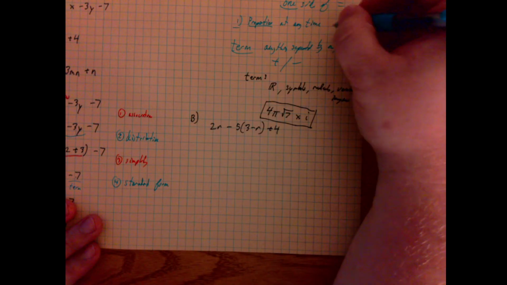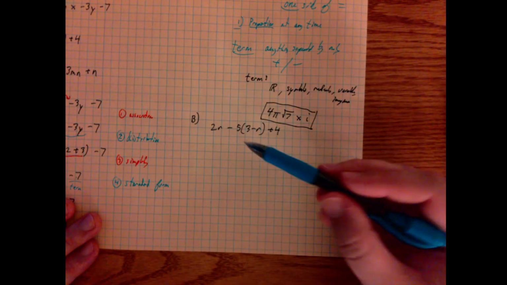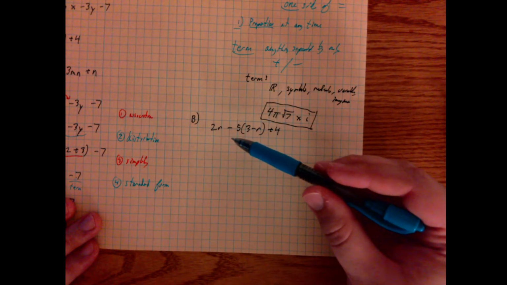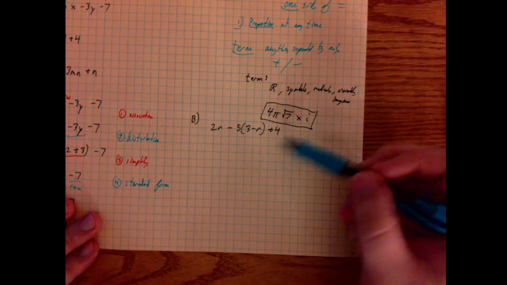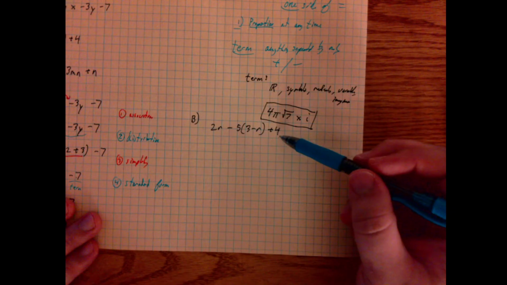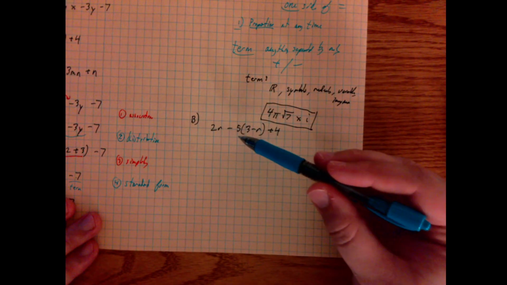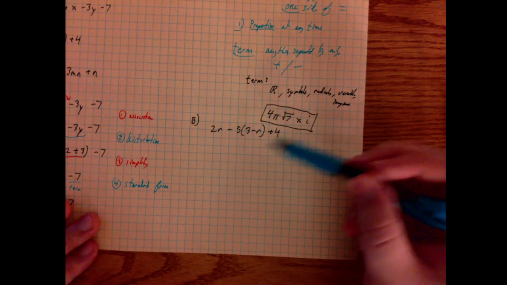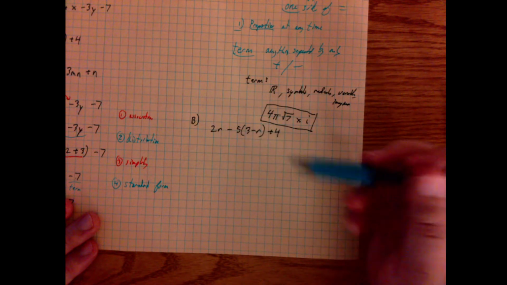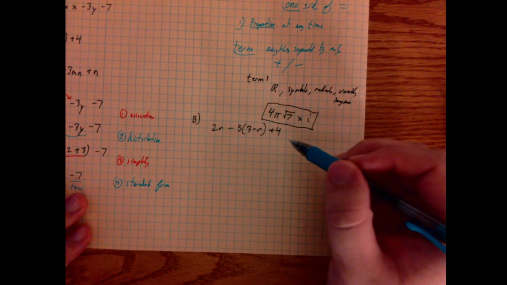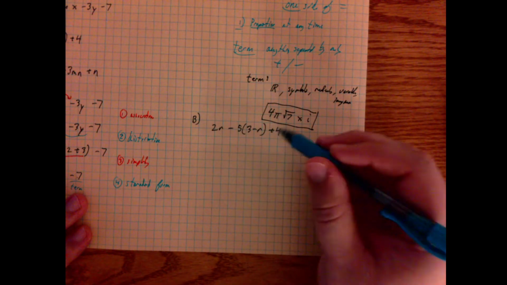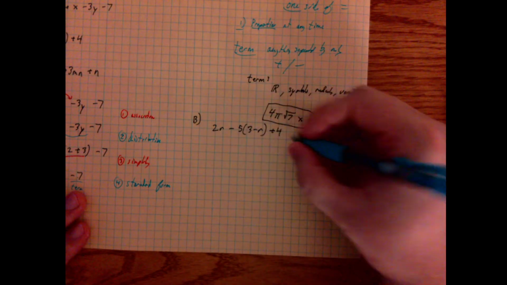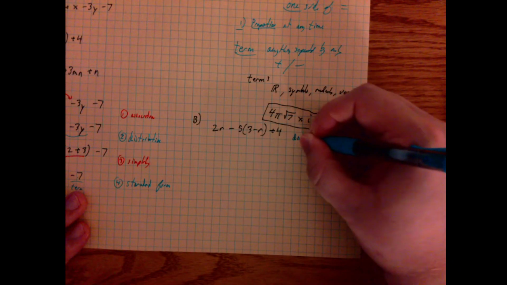That is a big detail, because right now I have a 2r, a negative 5 times the parentheses, and a plus 4. There's nothing that can be combined because there's no way to simplify 2r and 5. There's no way to simplify 4 and this expression because it doesn't work. And so if we don't jump to the distributive property, there's no way to simplify. So I'm going to do that. I'm going to distribute.